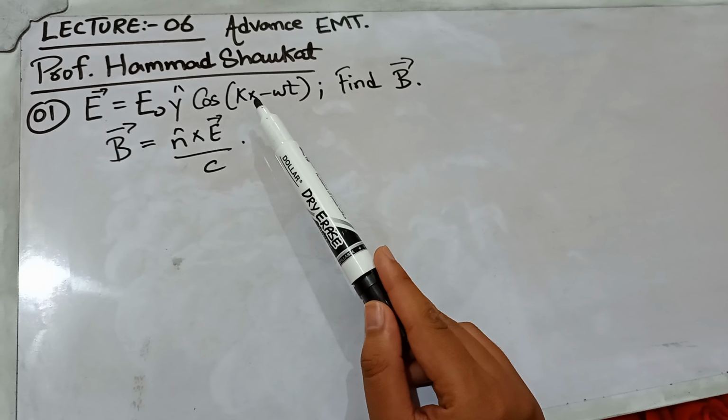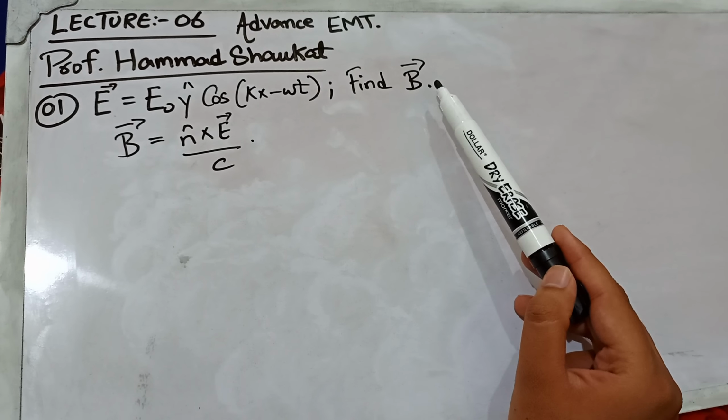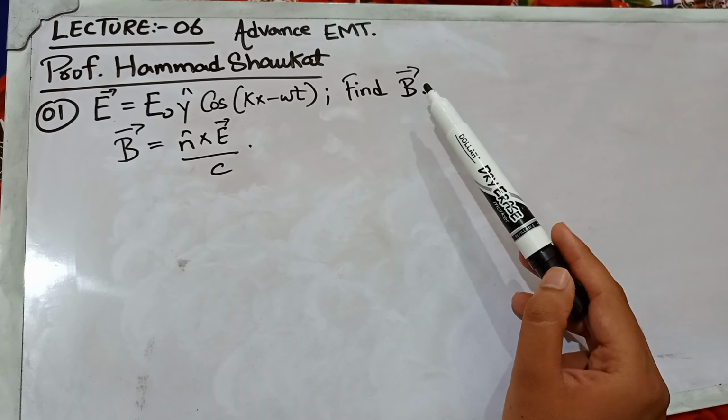If your wave vector is in x and your electric field in y, then B must be in the z direction. So how can you write the equation?